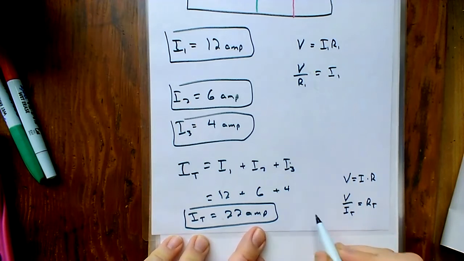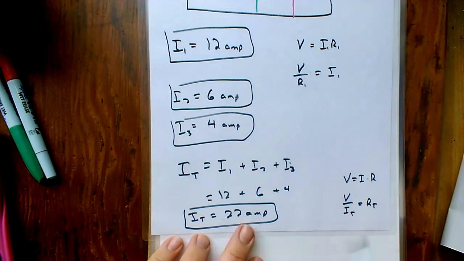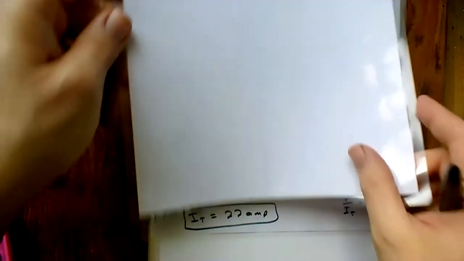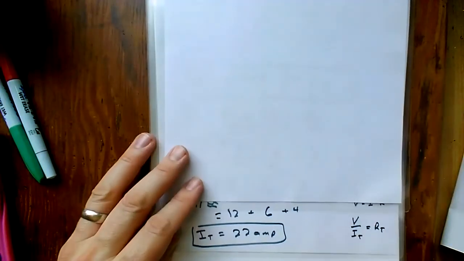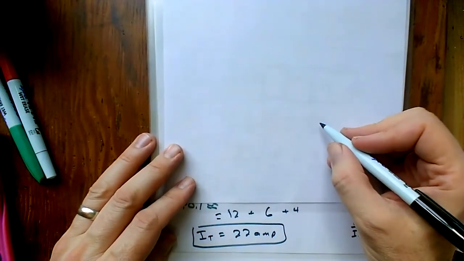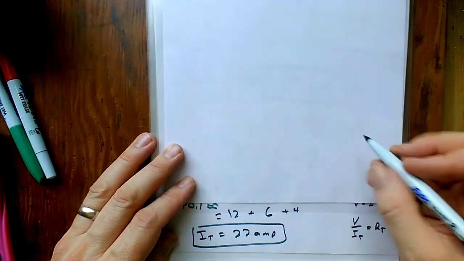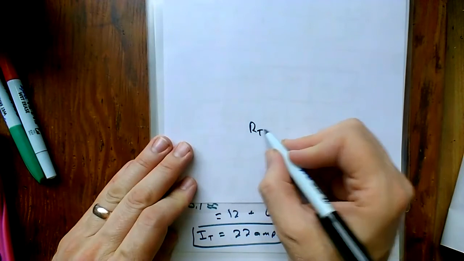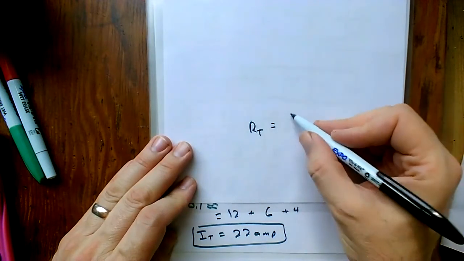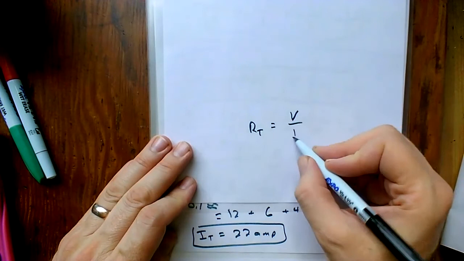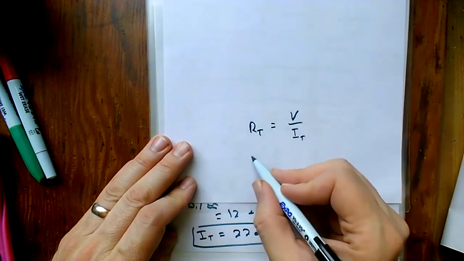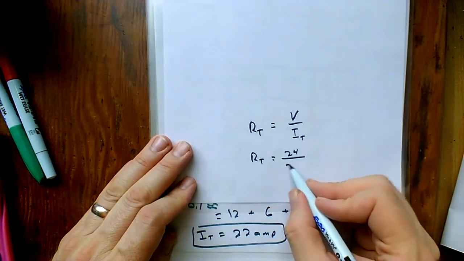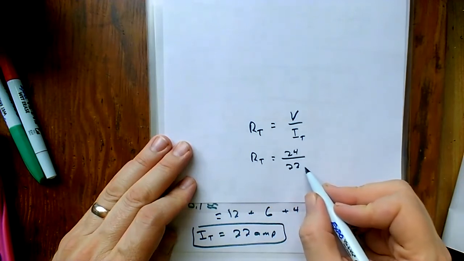So my total resistance is equal to that voltage divided by our total current, which is 24 volts divided by my 22 amps.